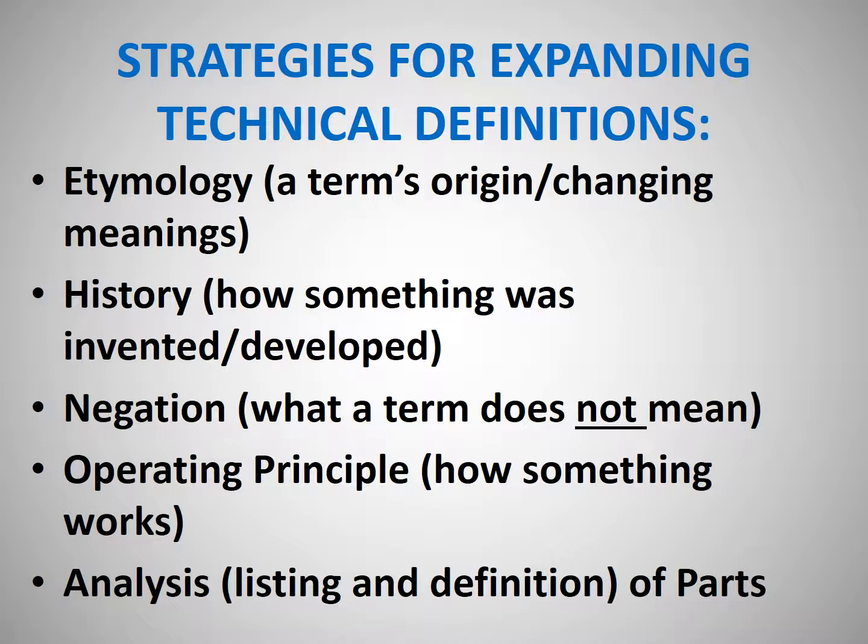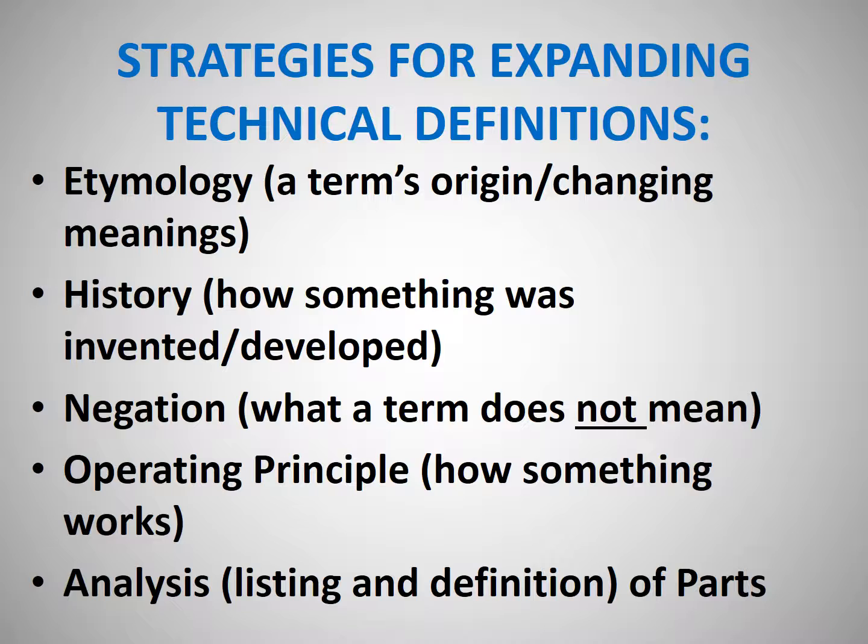All right, so you really go deep in a definition of the term's origin. Okay? If it's a thing or a process, you can talk about its history, how something was invented, or how it was developed.